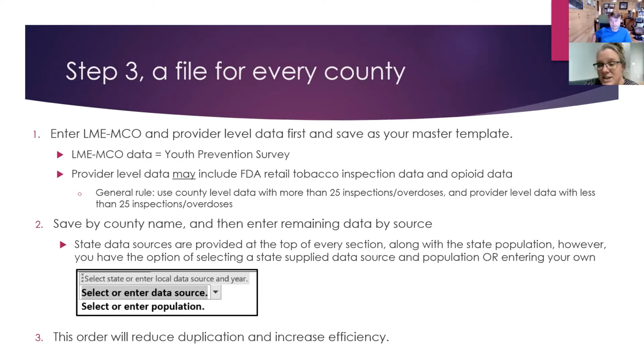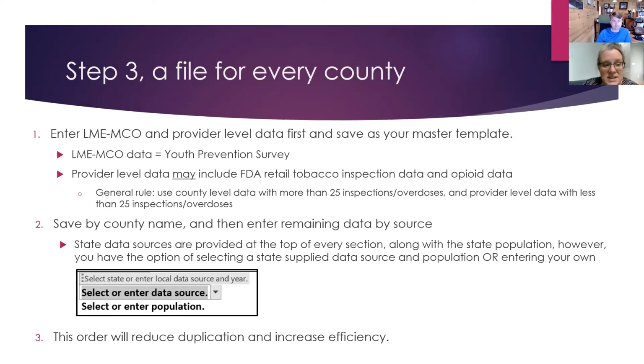And the general rule is when you have at least 25 inspections or overdose cases, you're going to use your county level data. And if you have fewer than 25, you're going to want to consider looking at the provider level to ensure that your data is not skewed by a small number of events.